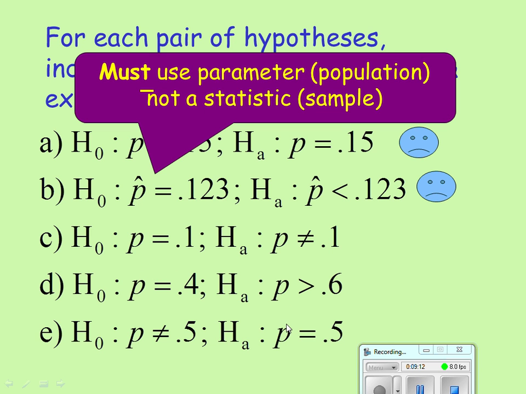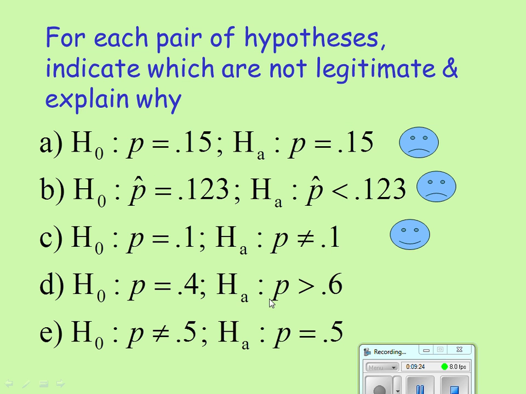Likewise, how about C? If you have your null hypothesis at 10% and your alternative hypothesis not at 10%, yes, you are allowed to do that. What about D? Your null hypothesis is 40% and your alternative hypothesis is greater than 60%.